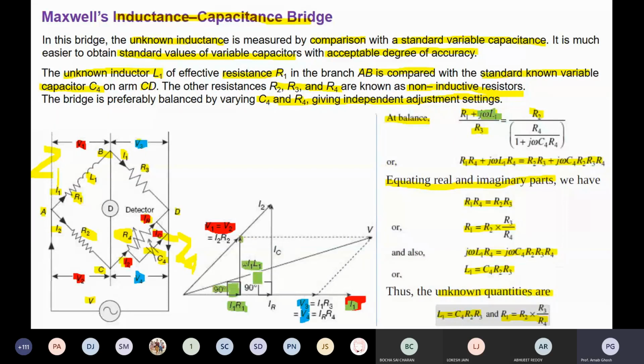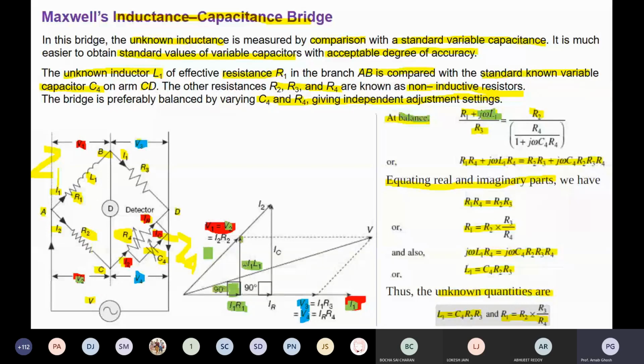As it is in balanced condition, V1 equal to V2. What is the value of V2? V2 equals I2 into R2.